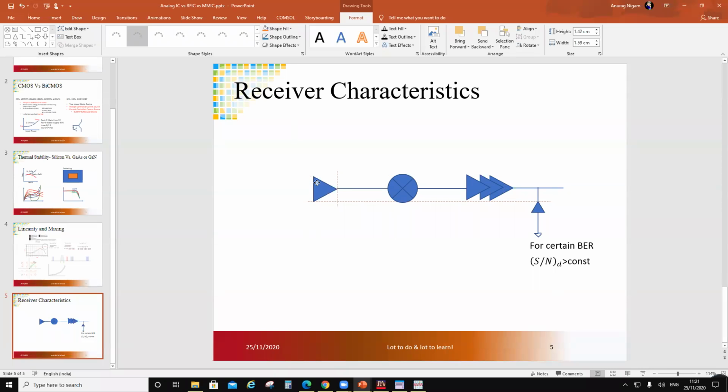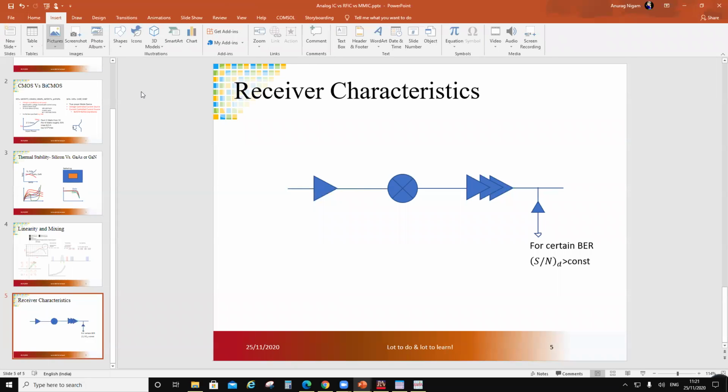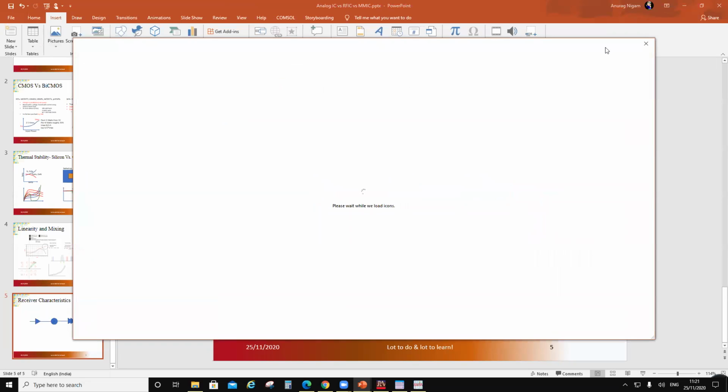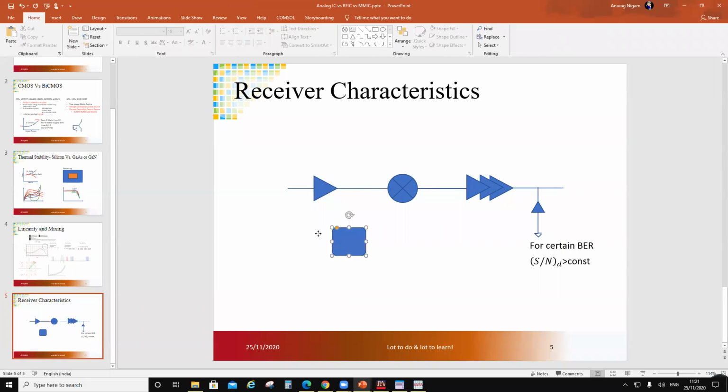And then before this, there would be a BPF. This is called the image reject filter. In case it is a heterodyne, or even in any case, there would be a BPF here. So there would be a band pass filter here. Okay.